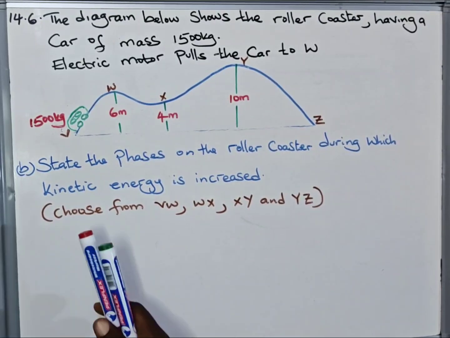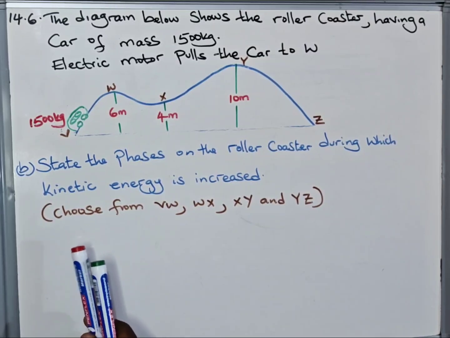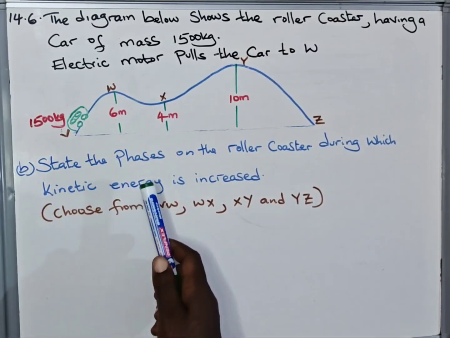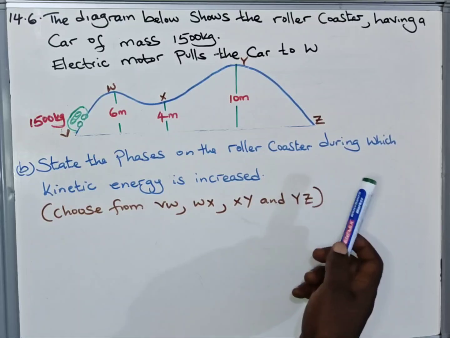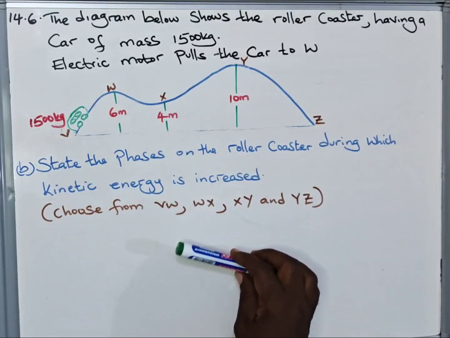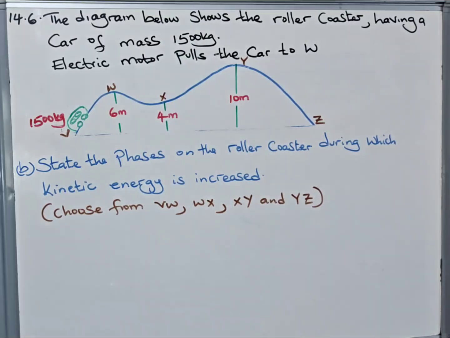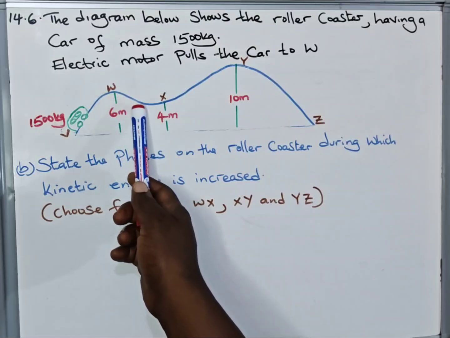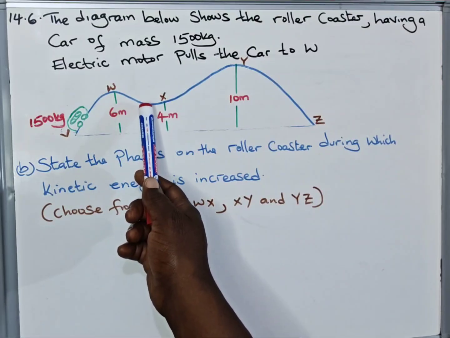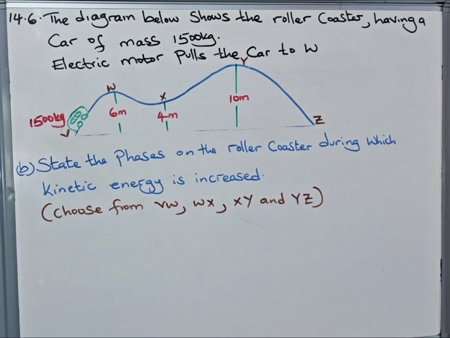Then this question comes. It says, state the phases on the roller coaster during which kinetic energy is increased. Okay, we need to know that kinetic energy is increased when potential energy transforms into kinetic energy. That's during the drop.